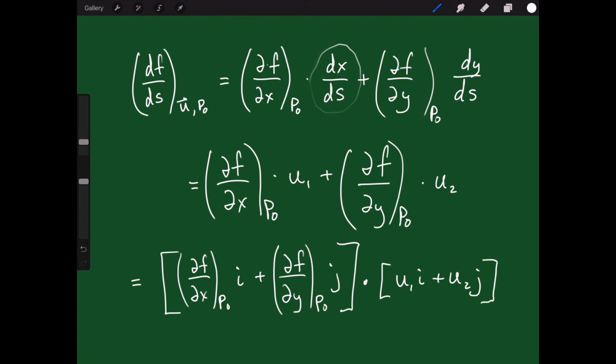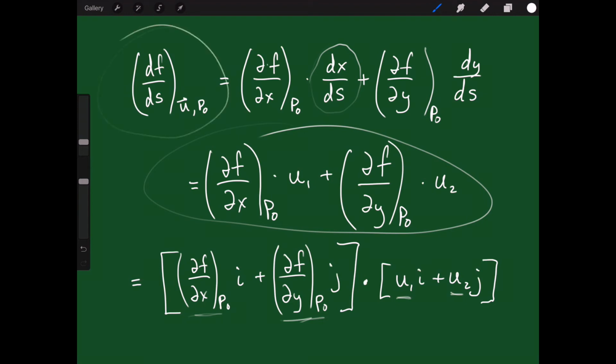Well, I would multiply the components of i together, and then I would add the j components multiplied together. And so what would I get? I'd get what's sitting right here. And that's exactly what I want. And of course this, what's circled, is my derivative.